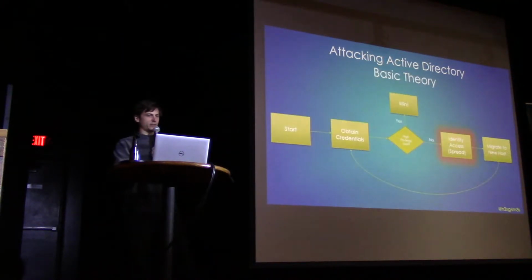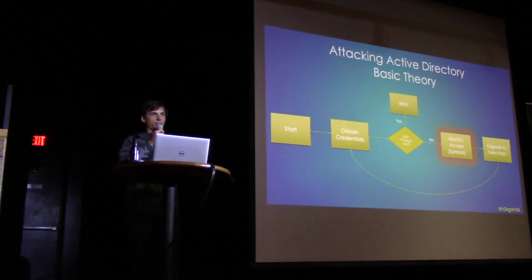So the review first. In the first talk, we talked about the basic theory of what I do as an attacker once I am going after your Active Directory or just your company as a whole. We start out by trying to obtain some credentials. We looked at different ways of harvesting emails and then trying brute force attacks on email servers, Citrix servers, or VPNs on the outside.